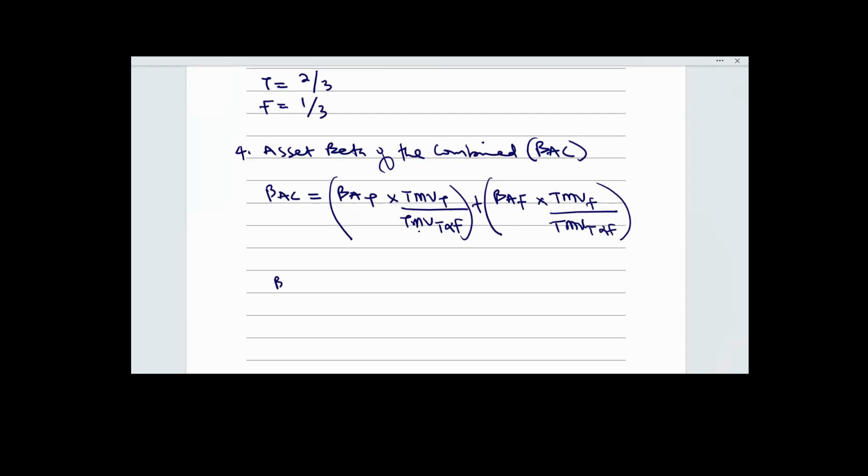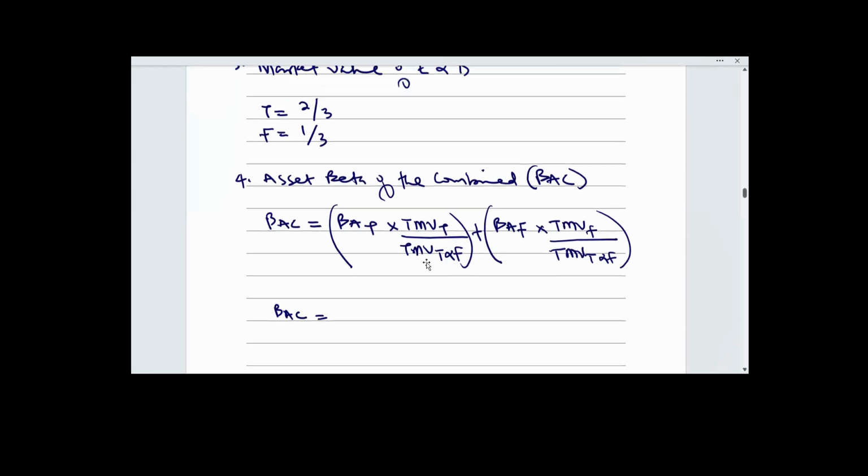So beta asset of the combined equals beta asset of training.